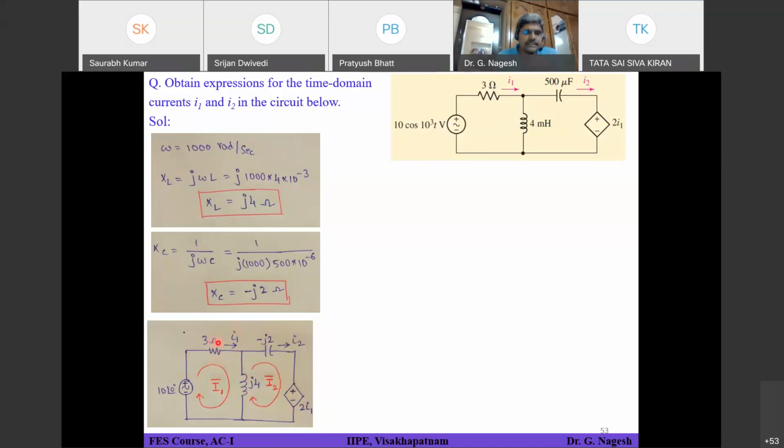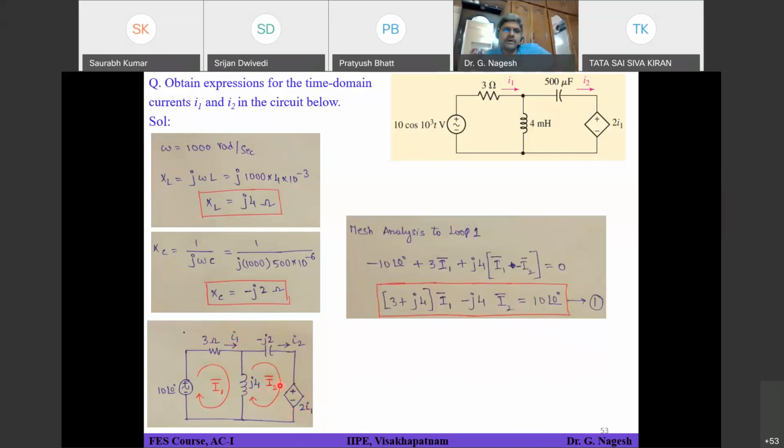So if you convert this instantaneous current I1 into an equivalent phasor form, it will be the same as this one. One is in the frequency domain, another is in the time domain. That's all. So it will be plus 2 into I1 phasor. That will be your expression.